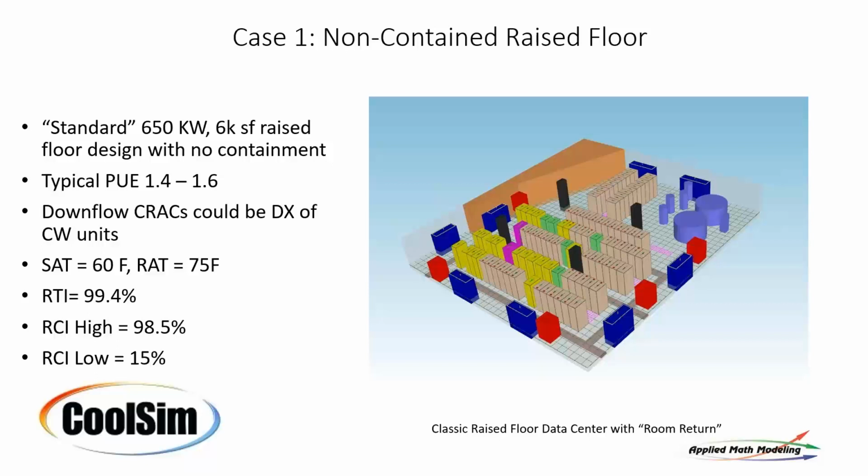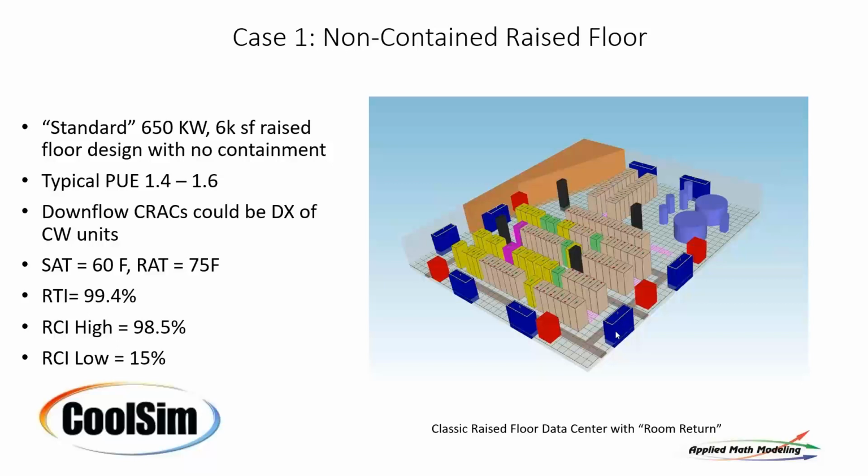So I'm going to take a look at a few cases and just show you what happens. This first one is a classical case. I think this is an old IBM data center that has been around for a long, long time. And the point here is that it's non-contained. You see this is a downflow design, very classical.